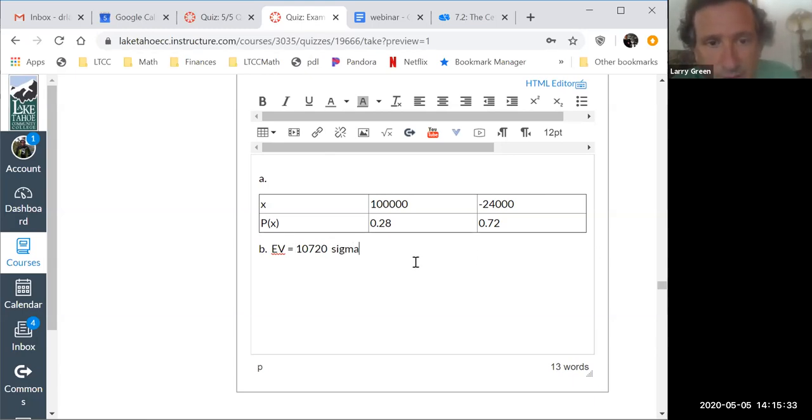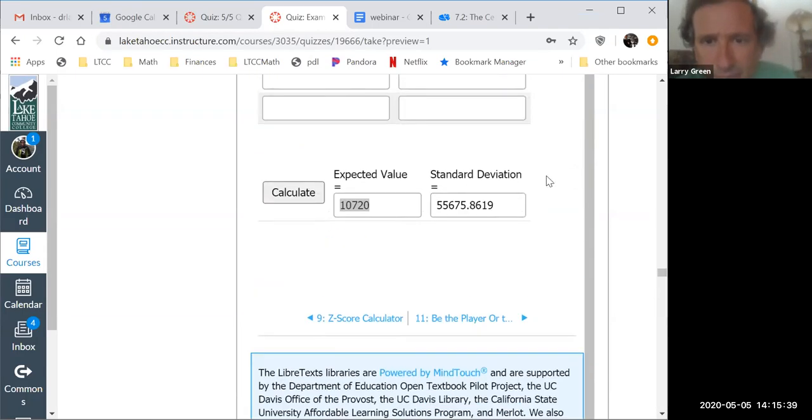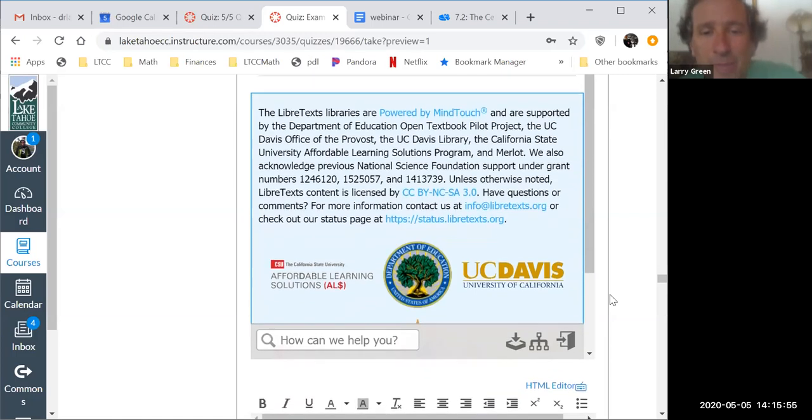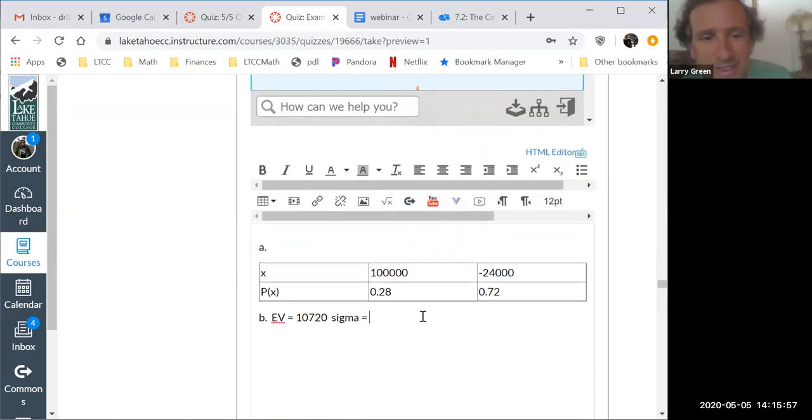And sigma, our standard deviation, was equal to, I'm going to go dollars and cents. Probably dollars is fine, though. Nobody cares about pennies, but I can go with dollars and round up to a 6. Nobody cares about pennies when you talk about a $100,000 bid. Okay, and I'll even pop in a dollar sign, because that's what we're looking at. Any questions at all on part B?